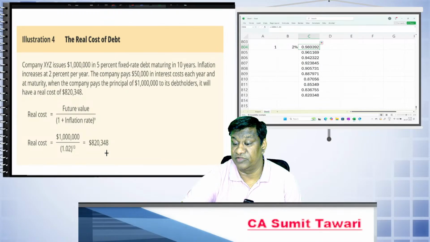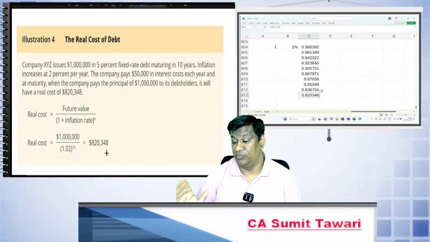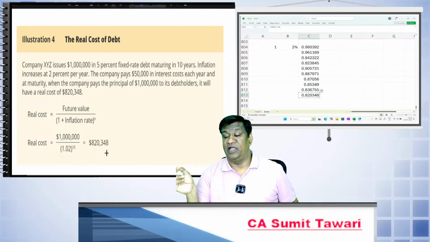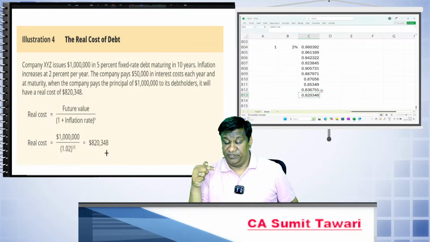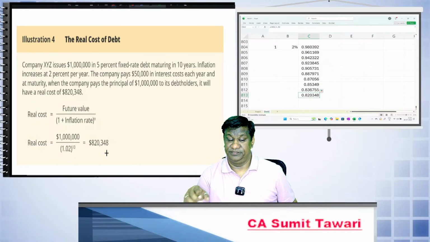That's why we need to divide by 102% every year. After 10 years, the value of 1 rupee is 0.82. So if I am receiving 1 rupee after 10 years, how much do I receive today? 0.82, because of inflation, the value of 1 rupee gets eroded.